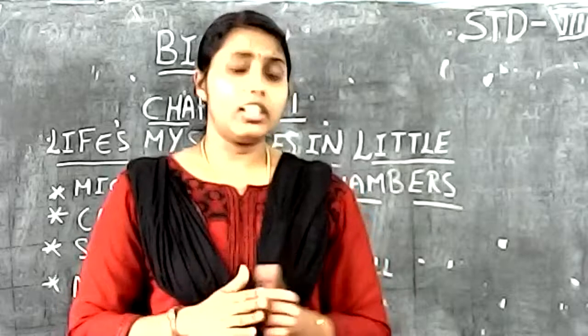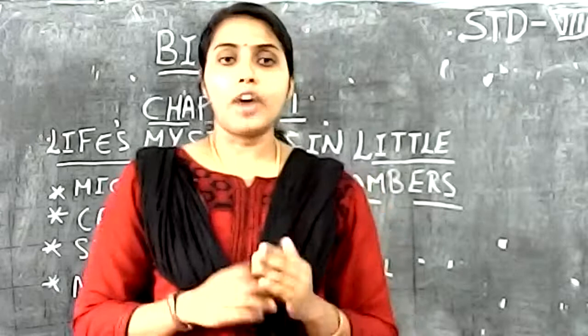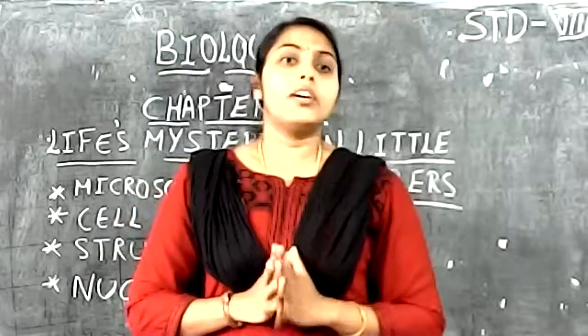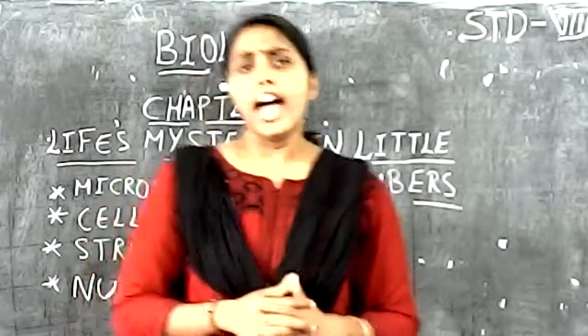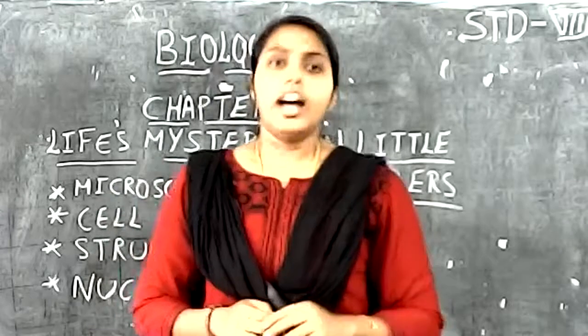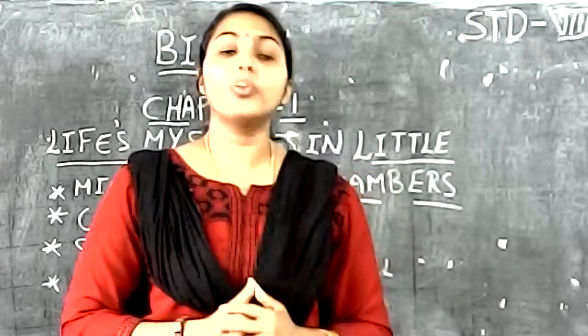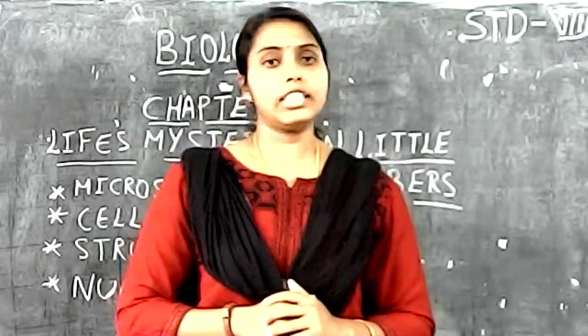Once again, prokaryotes are in the cells of bacteria, cyanobacteria and mycoplasma. The nucleus is absent and they are called the prokaryotes. And in the cells of amoeba, plants and animals, the nucleus is present at the center of the cell and they are called the eukaryotes. Is it clear for you?